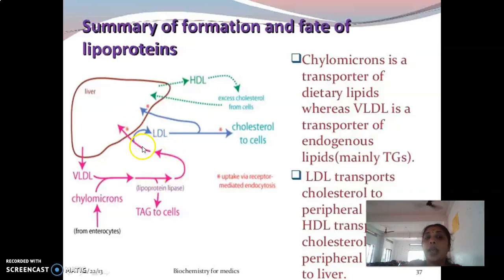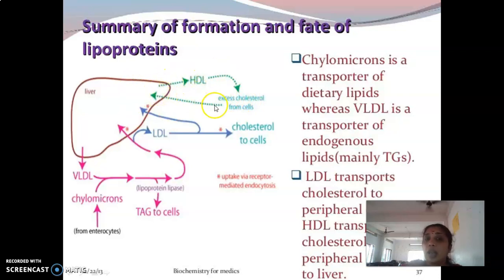What does LDL do? The majority of the LDL is synthesized from the VLDL, and a small fraction can be synthesized from the liver also. So the LDL is formed. LDL transports the cholesterol and cholesterol esters to the cells, right? And again, the excess cholesterol will be transferred from the extrahepatic tissues to the liver through the HDL, right?